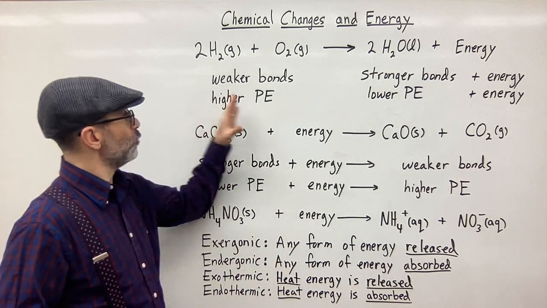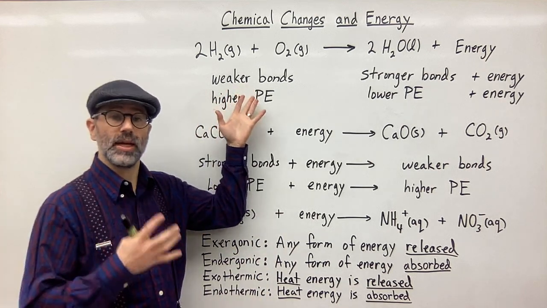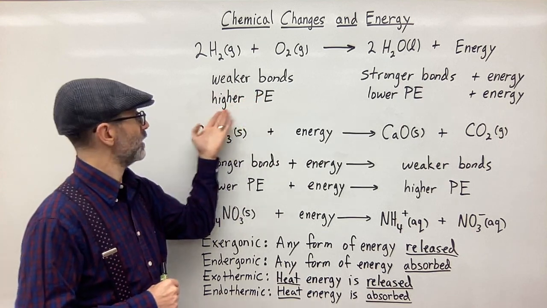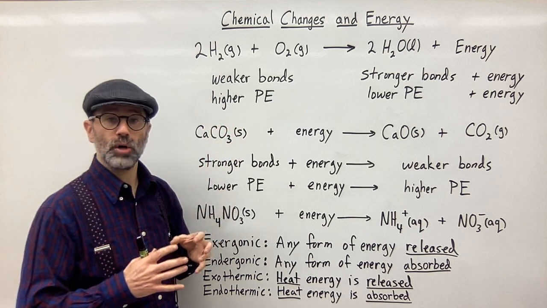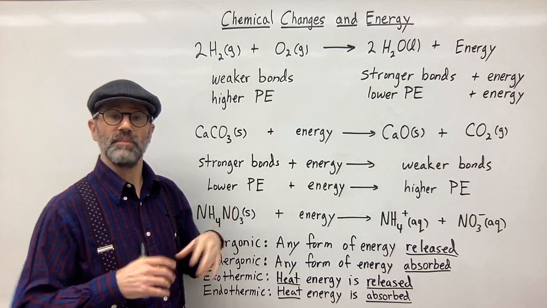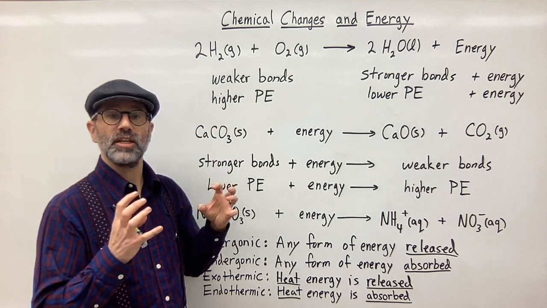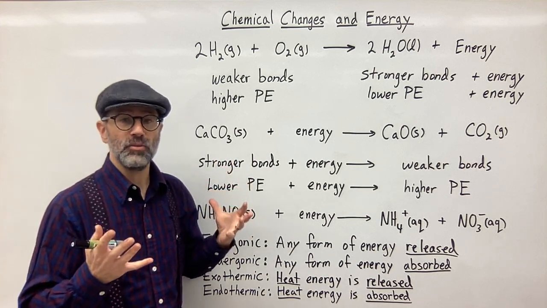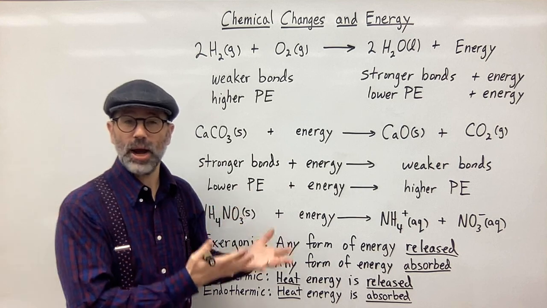So again, it really does have to do with how weak and strong the bonds are, and that's related to higher or lower potential energy. So again, higher potential energy means that the bonds are going to be weaker. Weaker bonds means that it takes less energy to break.